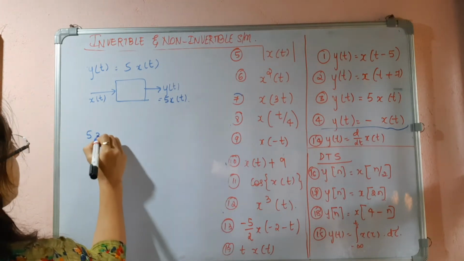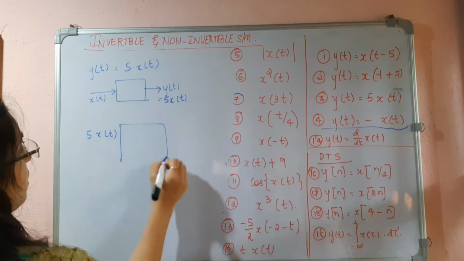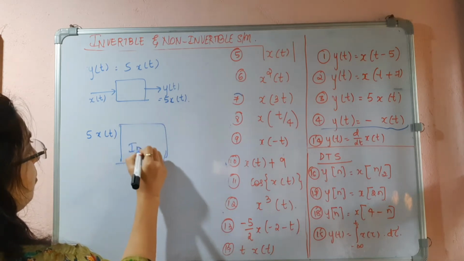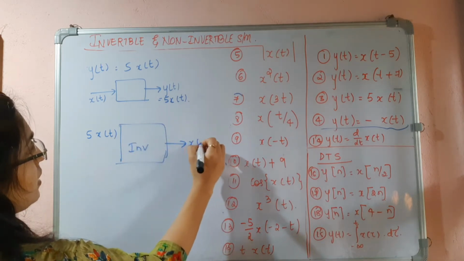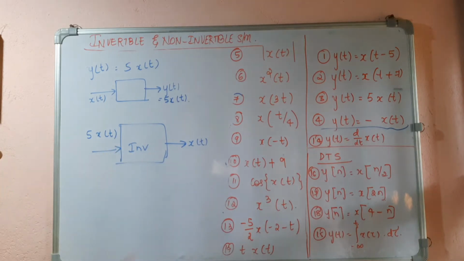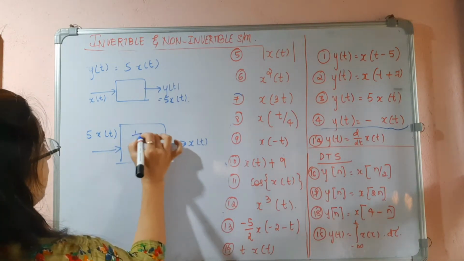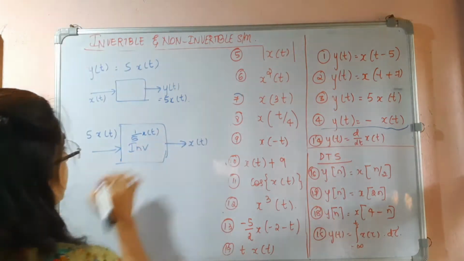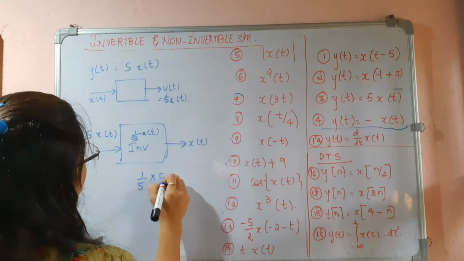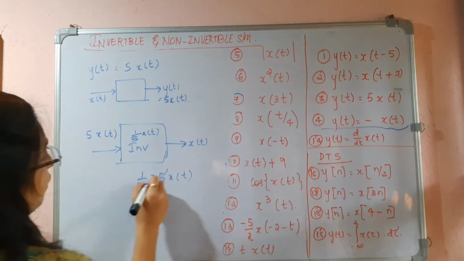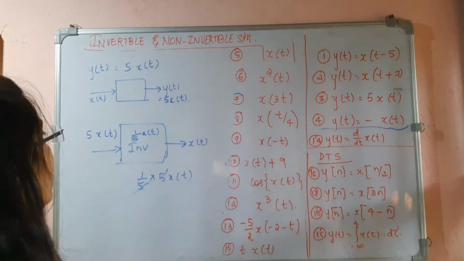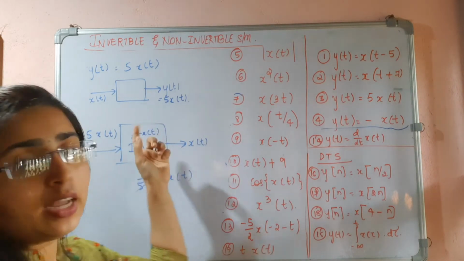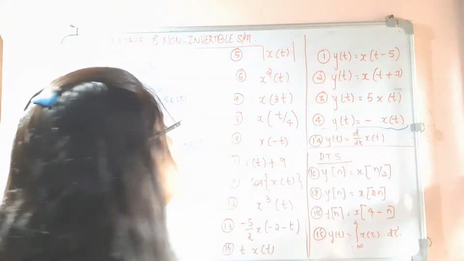Now if this is passed through system 2, the inverse system, I should get back the signal x of t. That is 1 by 5 of x of t. So 1 by 5 into 5 x of t will give you x of t. So 1 by 5 x of t will be the inverse system.